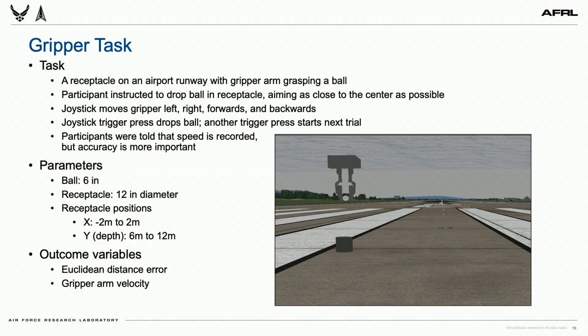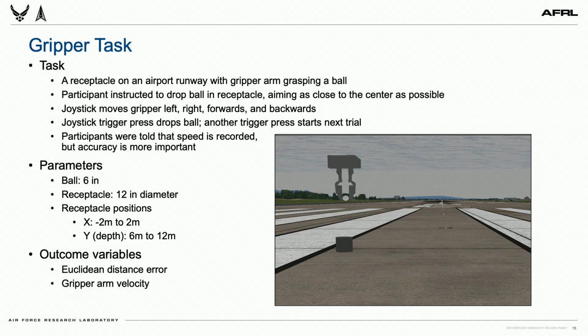And we have this task that we are calling our gripper task. So we have this kind of like a claw or gripper. It's holding onto a ball. And then we have this receptacle that's shown on our airport runway scenery. So the receptacle could move between -2 to +2 meters horizontally, and then in depth 6 to 12 meters.